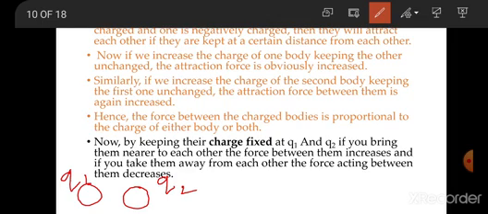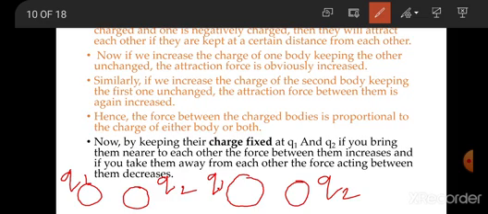Now, Q1's charge I have increased and Q2 I kept as it is, so what will happen, whether the force of attraction will increase or decrease. So obviously force of attraction will increase.